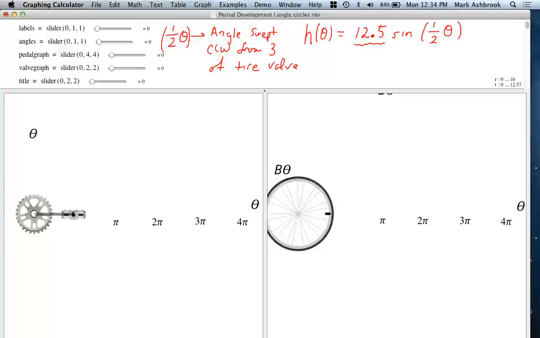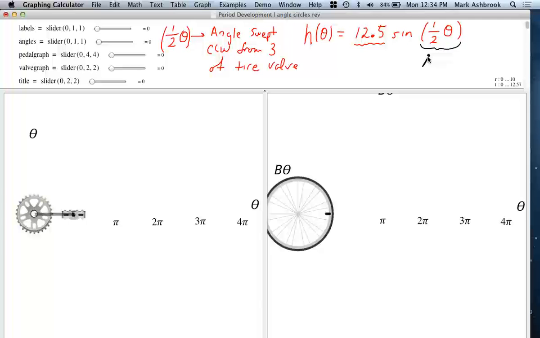All right, so what angle of 1/2 theta will give us a full cycle, or a full rotation of the tire? Listen closely to my question. What interval of angle of 1/2 theta will give us a full cycle? No, 1/2 theta.